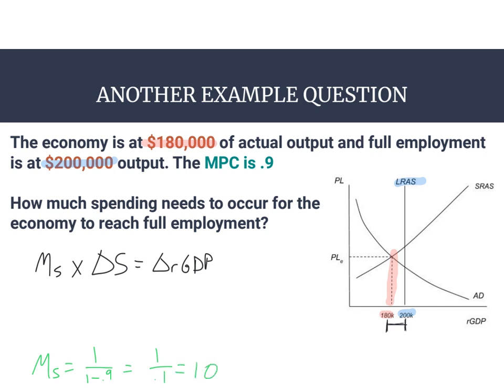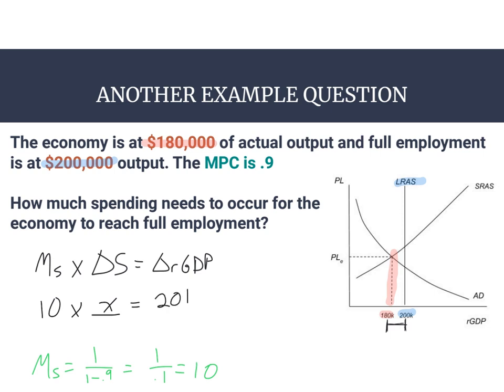Okay, so we know that the spending multiplier is 10, and then filling out the rest of the formula times, and we don't know how much spending needs to change, so that's going to be our X, that's our variable that we have to figure out, and then equals the change in real GDP, which we know that the desired change in real GDP, the amount of output that we want to accomplish, is an increase of $20,000.